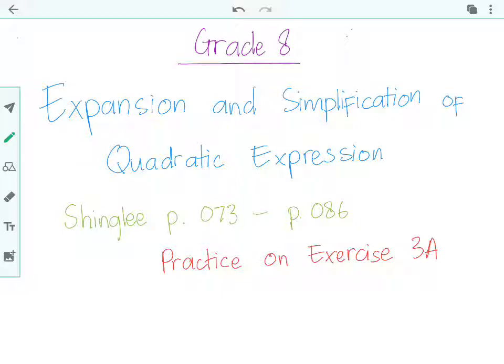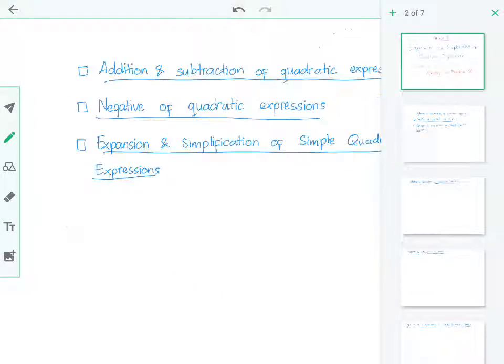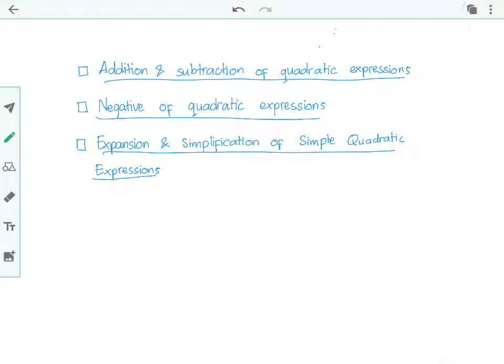Okay, let's start. If we want to learn about the expansion and simplification of quadratic expression, then first we need to learn about the addition and subtraction of quadratic expression and also the negative of quadratic expression. Why?